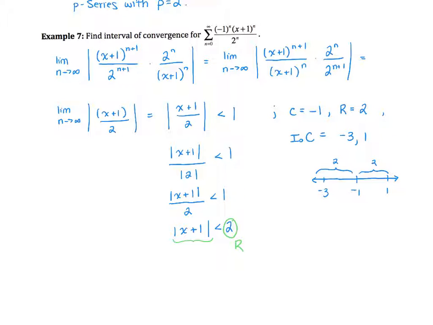So guess what? Now that's a +1 to the n. And, well, the 2 to the n over the 2 to the n cancels. So I'm just left with this. What is this series? I mean, you could say that it's a geometric series with a equal to 1 and r equal to 1.